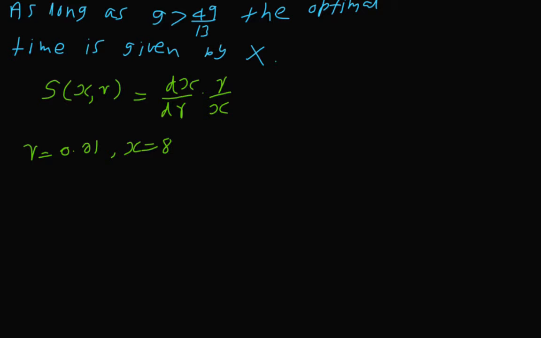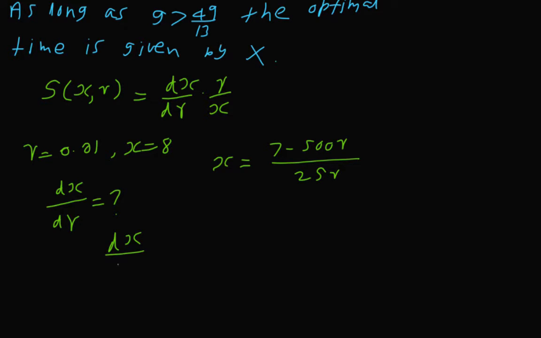Then we can find dx over dr. How do we find dx over dr? Let me write down x. For the first case, x equals (7 minus 500r) divided by 25r. Take the derivative with respect to r. From this, you can write dx over dr equals negative 7 divided by 25r squared.